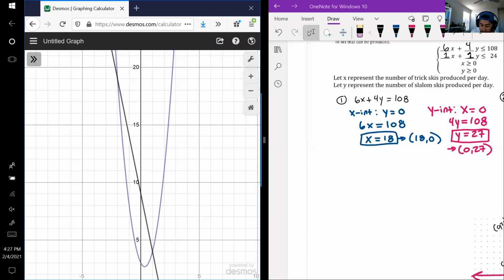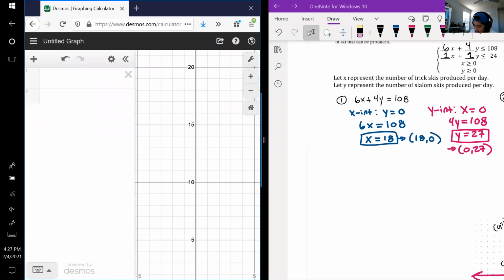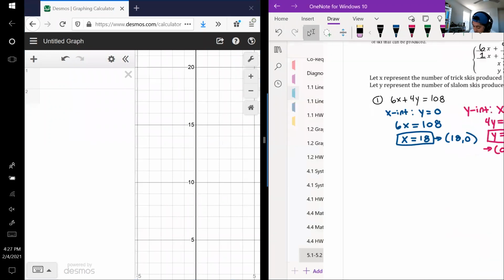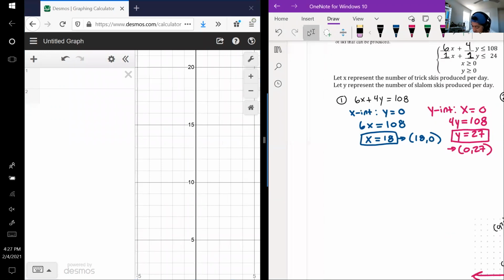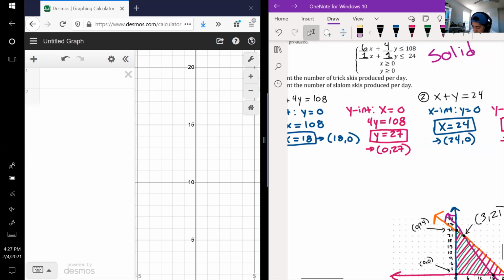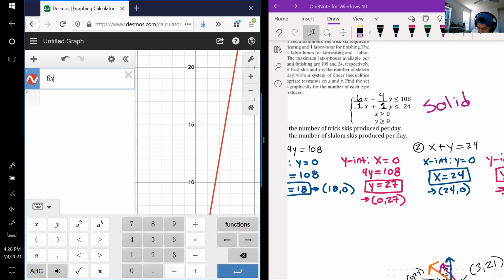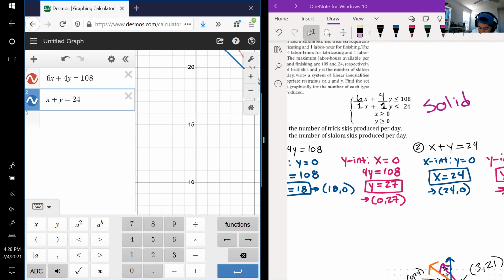Not now, Desmos. Close you. And then what I'm going to do here is put these equations, 6x plus 4y equal to 108, and x plus y equal to 24.